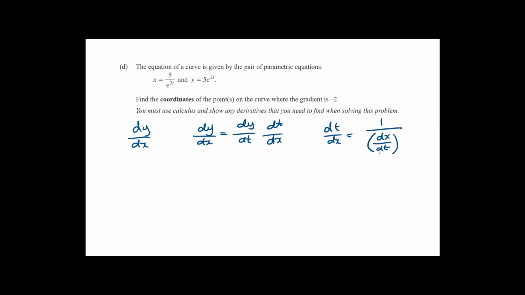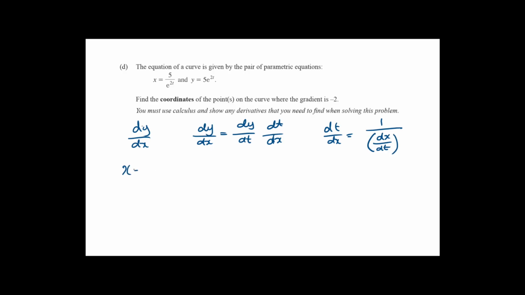Right. We need to differentiate both of these. In order to find the gradient, we need dy dx. And dy dx is defined as being dy dt times dt dx. Remember, dt dx is equal to 1 over dx dt. Right, let's do them separately.